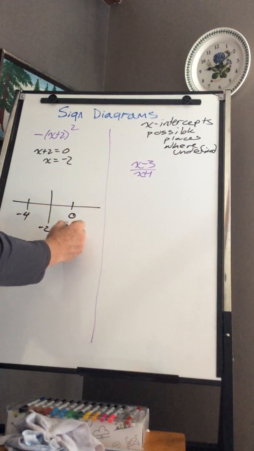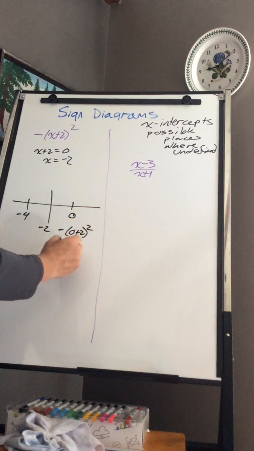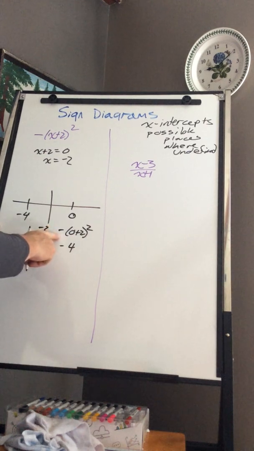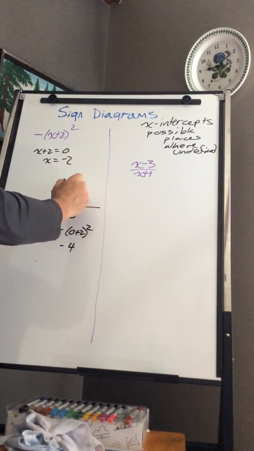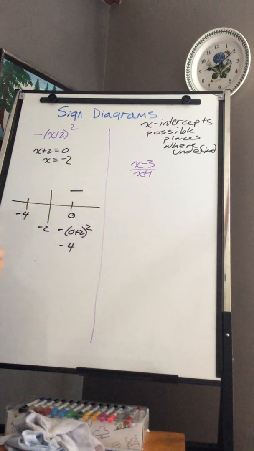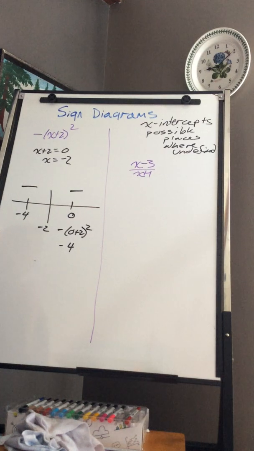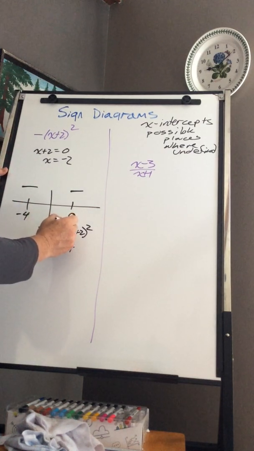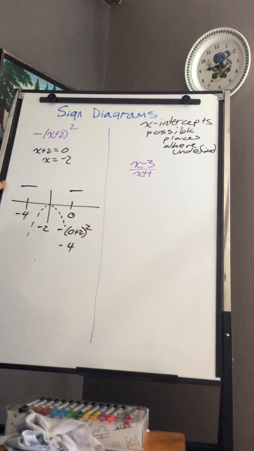So we have negative (0 plus 2) squared, negative 4, because 2 squared is 4, and the negative is outside the brackets. So that means it's going to be negative here, and it's going to be negative over here. Because what's happening is this quadratic is coming up, touching at negative 2, going back down.